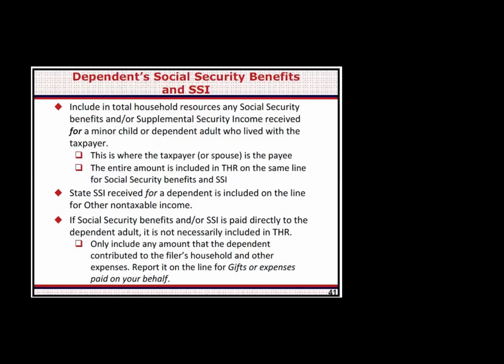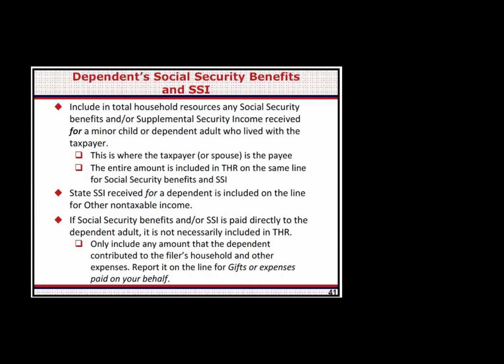So a little bit of a difficult area is if children in the household are getting Social Security, for either a disability or death of a parent or something. When do you count it in THR and when do you not? This has been a source of confusion over the last several years, but I think it's settled down to a way to handle it.